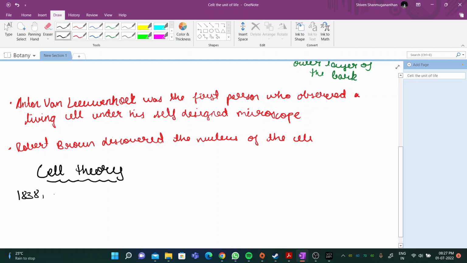So, Matthias Schleiden, I'll write in brackets that he was a German botanist. That's why he was tinkering around with plants. German botanist.